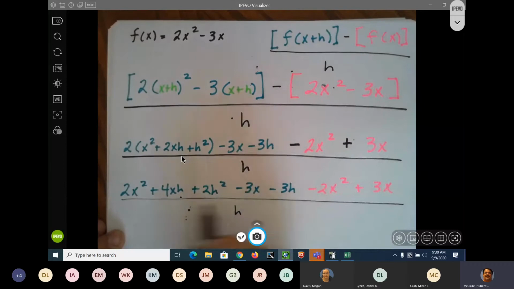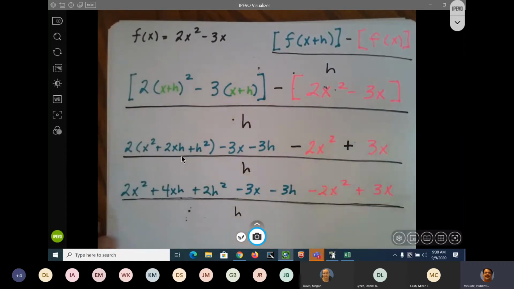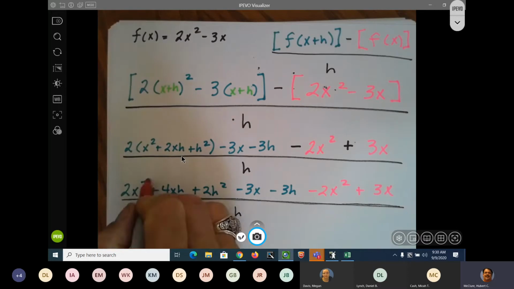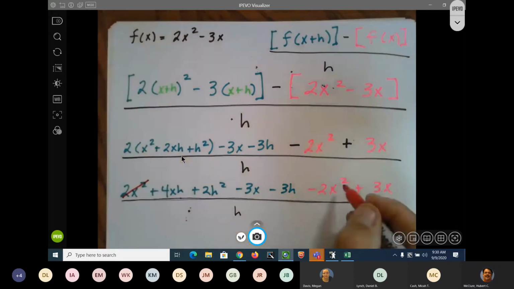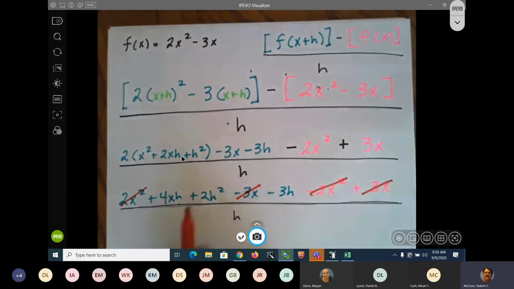Now at this point, there should be something canceling out. And usually what cancels out is the non-h terms. So the 2x cancels and the 3x cancels. And usually what's left is nothing but h terms. Now that's not going to happen all the time, but most of the time you're going to be left with a lot of h terms.